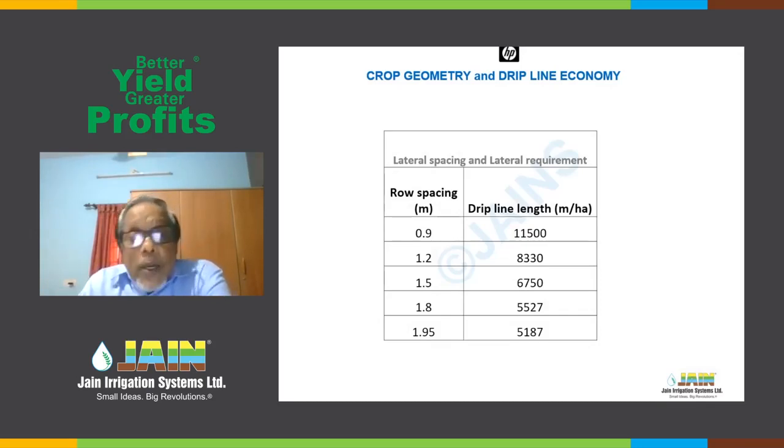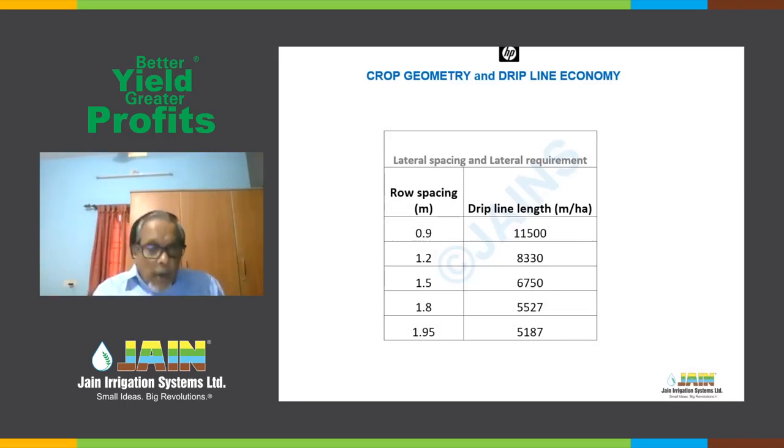So if you have 0.9 meter row spacing, you need 11,500 meters of drip line. If you do 1.2 meter, it comes down. Here, drip line spacing, or lateral spacing, is directly connected with the row distance of the crop. That is in sugarcane.